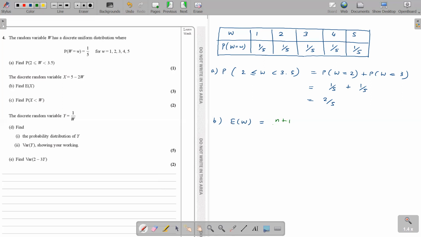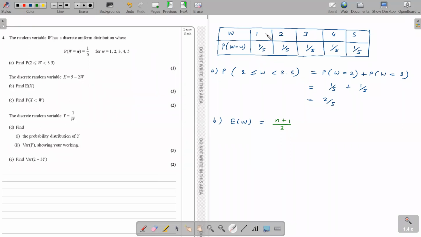We can use (n plus 1) over 2. This is a formula given in the book. As long as you have for your W values or the X values here 1, 2, 3, 4, 5, 6, 7 in order. As long as it's a discrete uniform distribution where your values start with the counting numbers, then you can use this equation. Otherwise, you can use the normal equation we use.